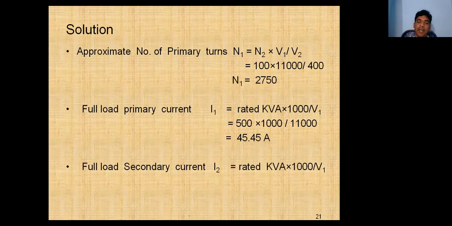Full load secondary current I2 is equal to rated kVA into 1000 by V2, that is equal to 500 into 1000 by 400, that is equal to 1250 amperes.